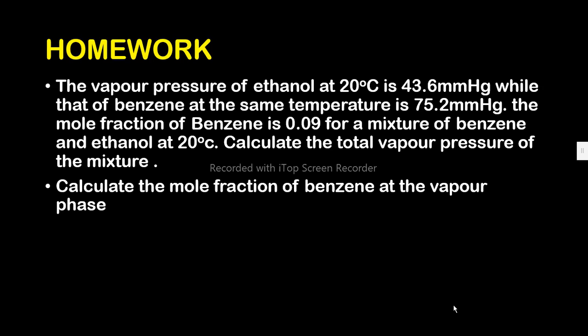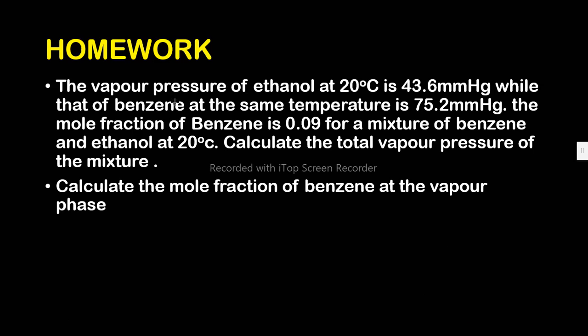So now this question was a cool question, which says they have given you the vapor pressure of ethanol at 20 degrees Celsius, and I have told you that it is 46 millimeters of mercury. Now that is ethanol at 20 degrees Celsius, whereas that of benzene at the same temperature is 75.2 millimeters of mercury.